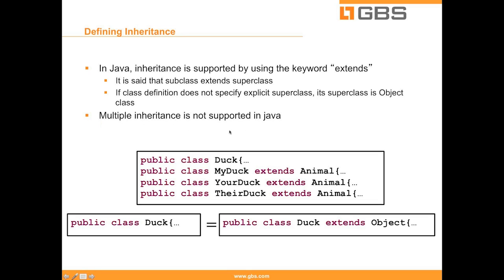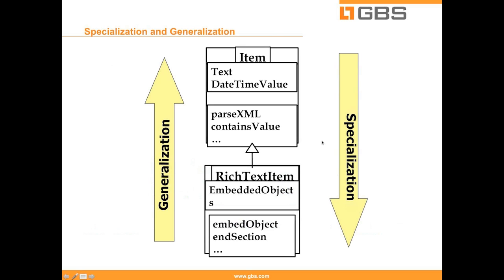In other words, multiple inheritance is not supported in Java. You wouldn't be able to say public class myDuck extends animal, mammal, amphibian. You can only extend one thing. That's not a huge issue because we have implements. We'll talk about that.